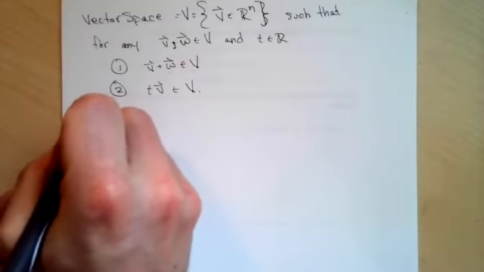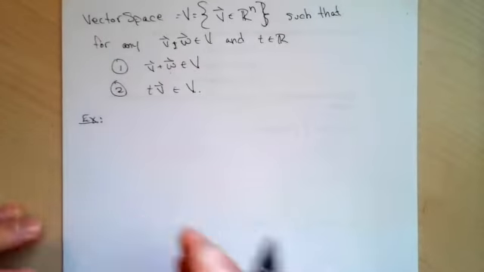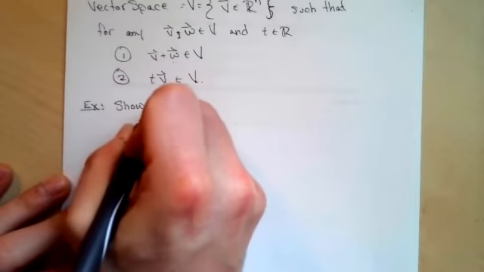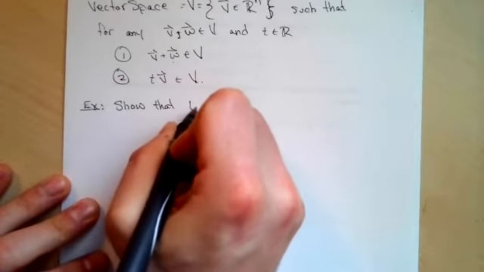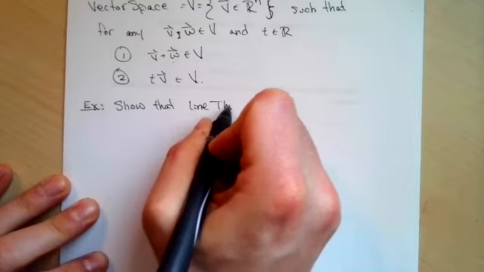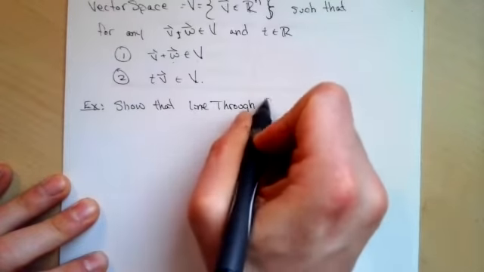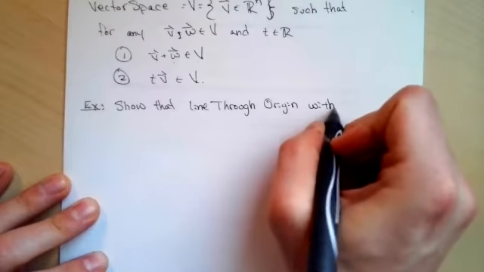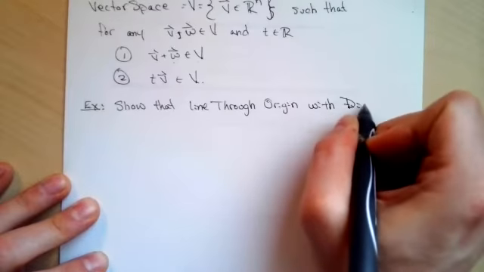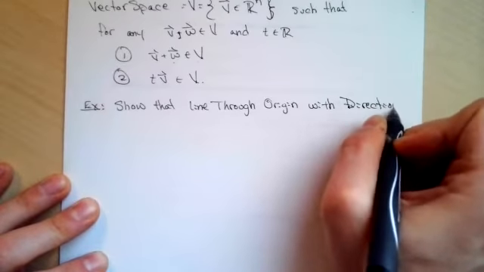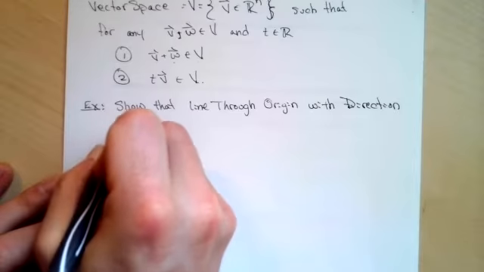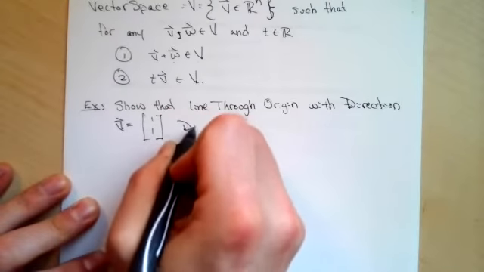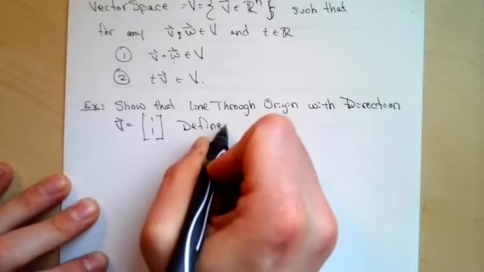And so the example we started with, we can formalize a little bit differently now. So show that the line through the origin with direction v equal to (1, 1) defines a vector space.